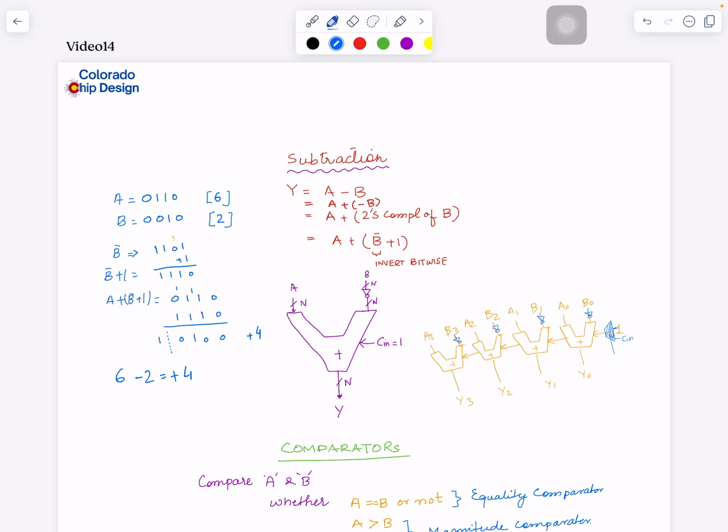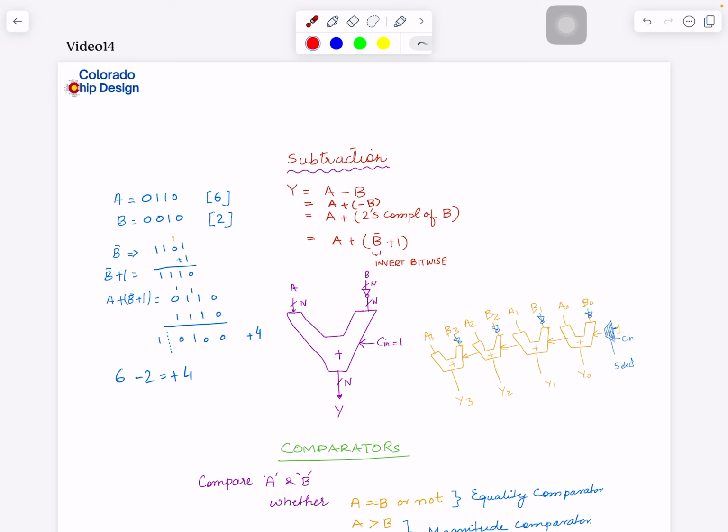So we need to select. When we want to use this adder as a subtractor, we need to make sure we have b inverted, and that 1 comes here.